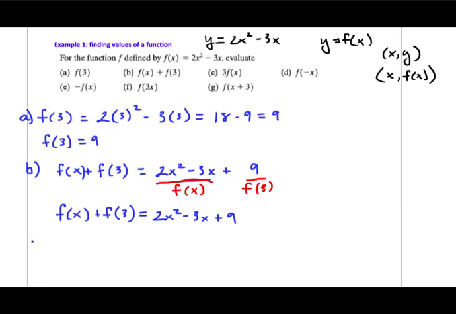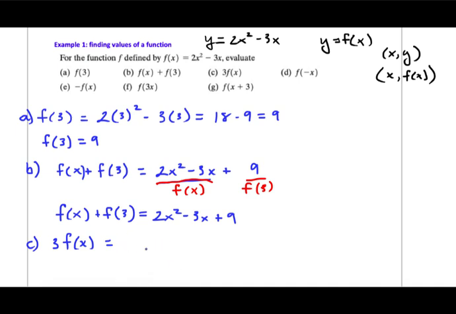And so we can look at the next example. We have 3 times f of x. I encourage you maybe to pause it and see if you can work this out for yourself.